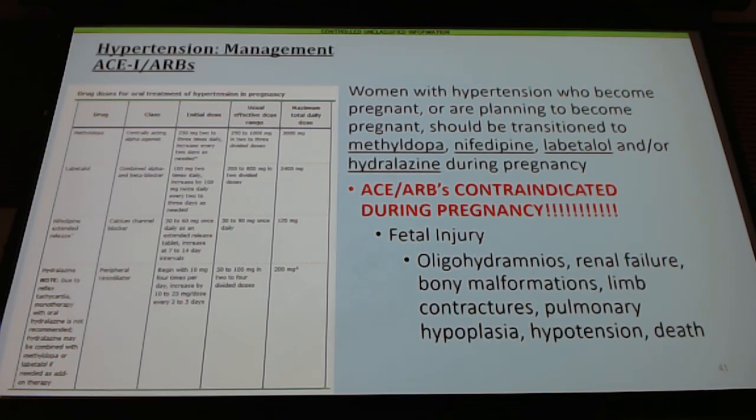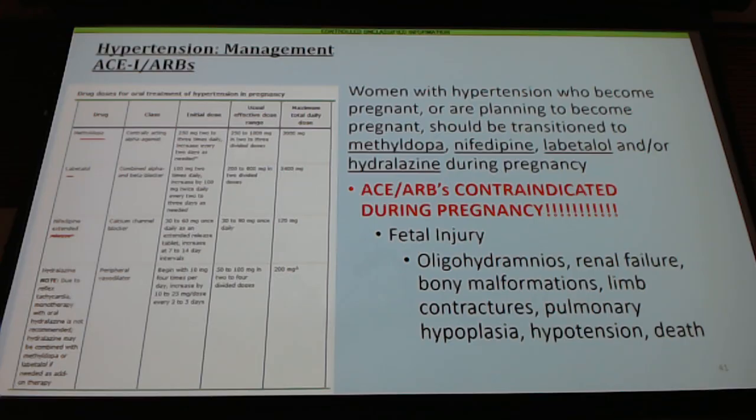Now, if they need blood pressure medications and they are pregnant or desire to become pregnant, there are agents that can be prescribed that have been shown to be safe for pregnancy. And these are going to be like your methyldopa, your labetalol, and even your nifedipine.